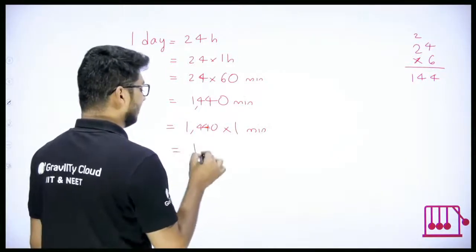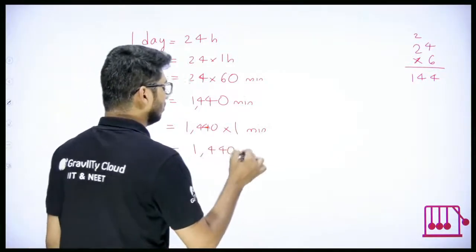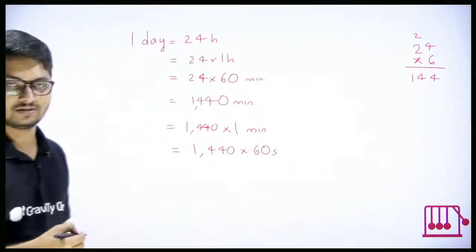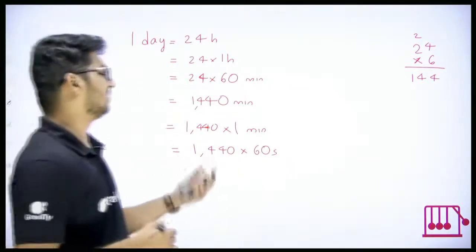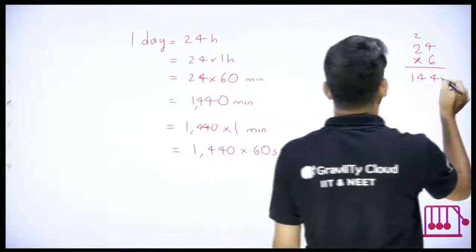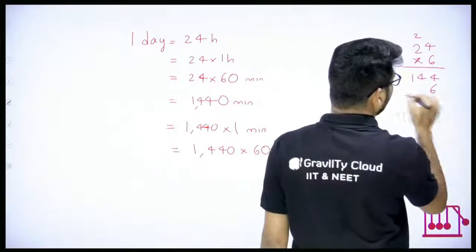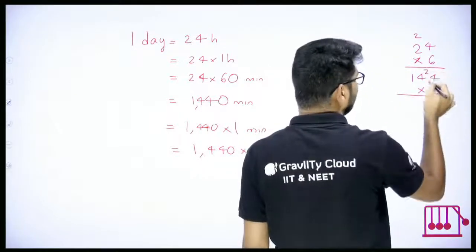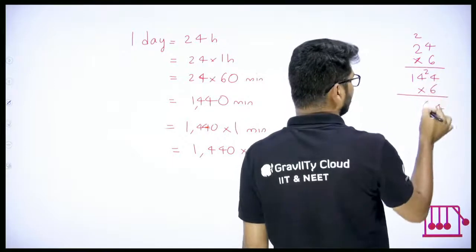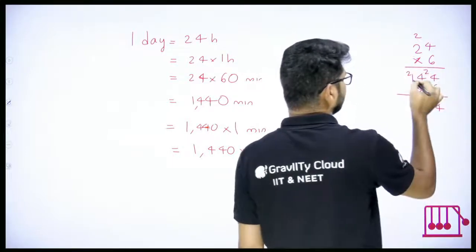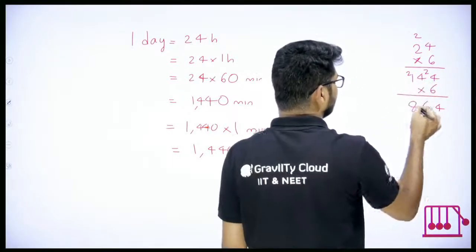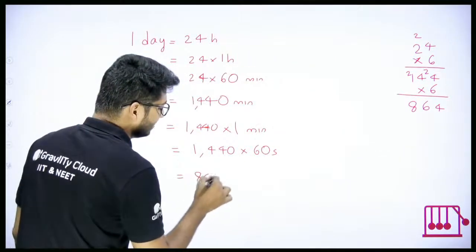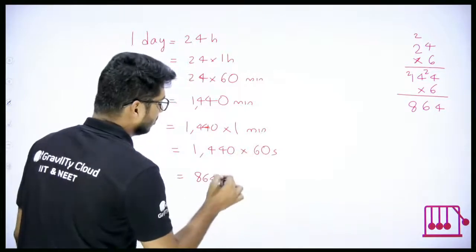But what is 1 minute equal to? 1 minute is equal to 60 seconds. That means if I multiply 1440 with 60, or 144 into 6, 6 4 24, 2 carry, 6 4 24, 24 plus 2 26, 2 carry, 6 into 1 6, 6 plus 2 8. That is 864, and you have 2 zeros.